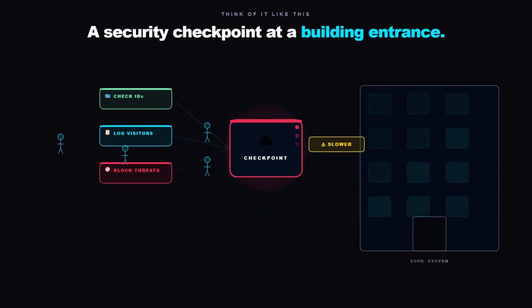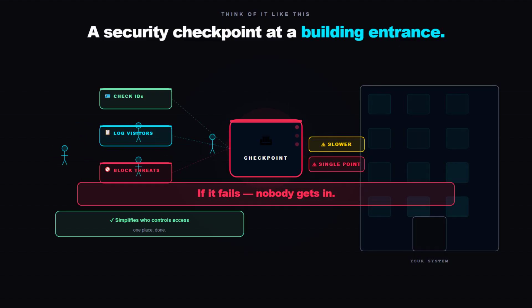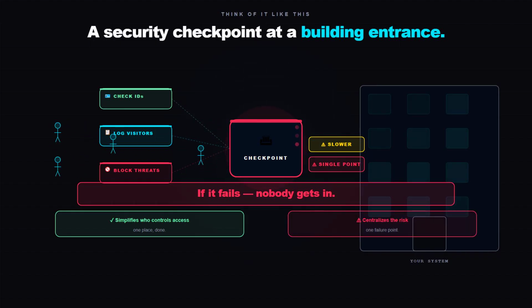But that one checkpoint now carries all the responsibility. It slows things down slightly, and if it fails, nobody gets in. That's exactly what a proxy or gateway does in your system. It simplifies the decision of who controls access. One place, done. But it centralizes the risk.